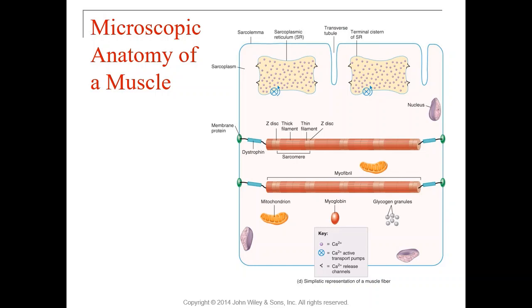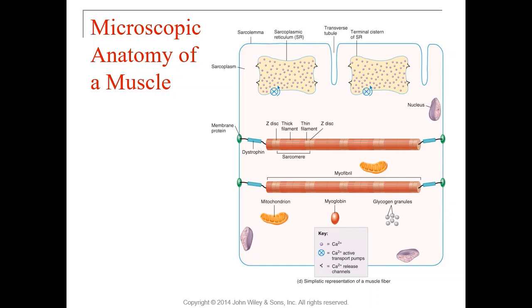What else? Your muscle cell also has a large endoplasmic reticulum, but we don't break up the endoplasmic reticulum into a rough and smooth in skeletal muscle. And its name is going to change. The endoplasmic reticulum of your skeletal muscle cell is called the sarcoplasmic reticulum. And not only is its name different, its function is different.